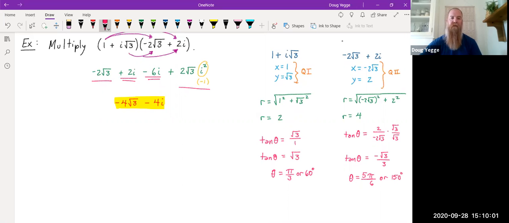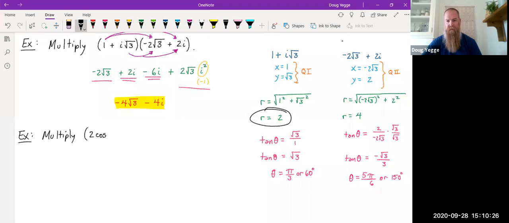So that must mean that for the first number, what we're really doing again is we are multiplying... okay, and we're now going to multiply 2 times cosine theta, I'm sorry, I should say 60 degrees.